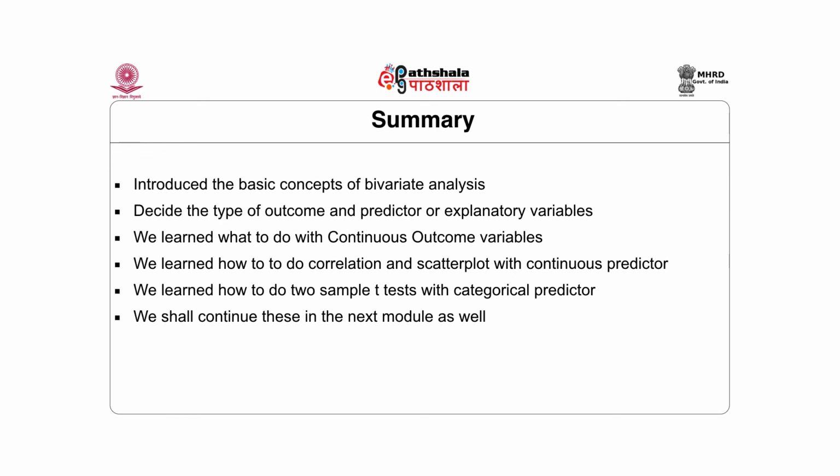So we introduced the concepts of bivariate analysis. A bivariate analysis is essentially an analysis of two variables. These two variables can be both continuous, or one continuous, one categorical, or both categorical.